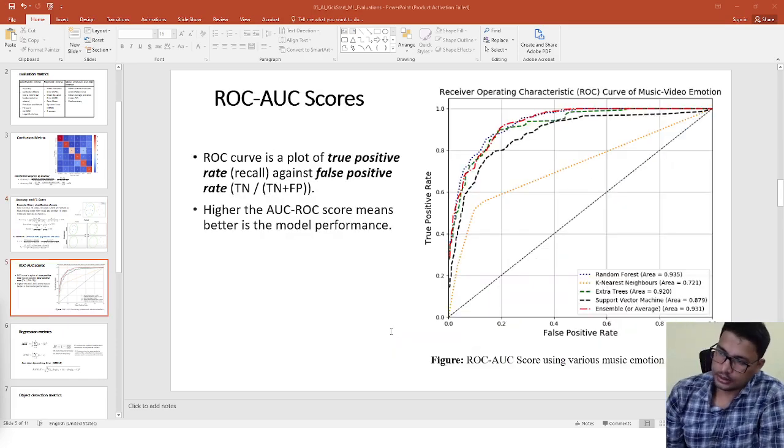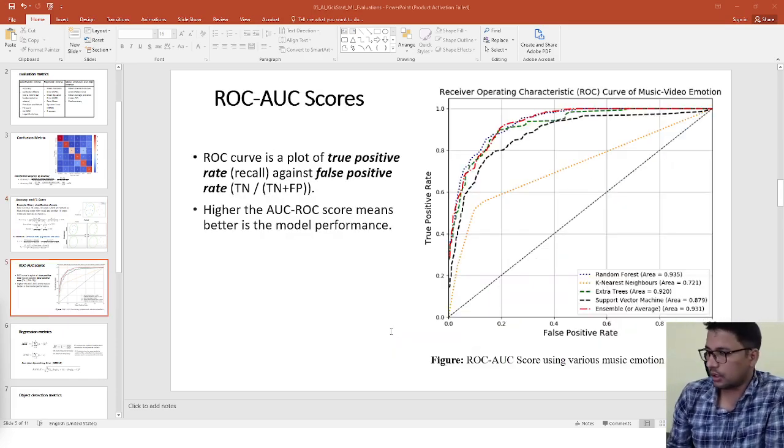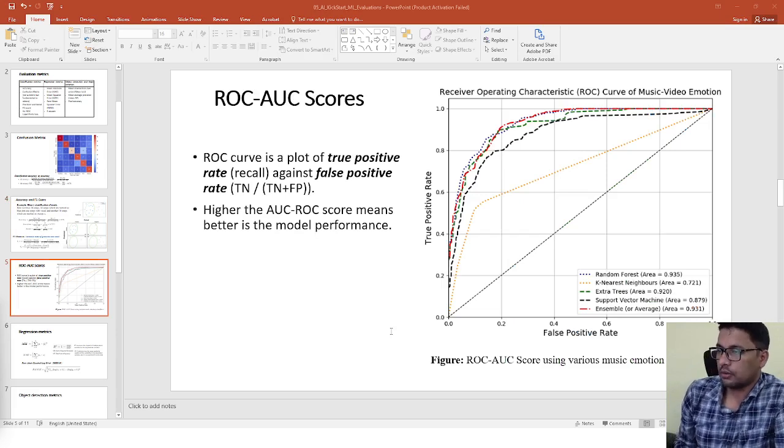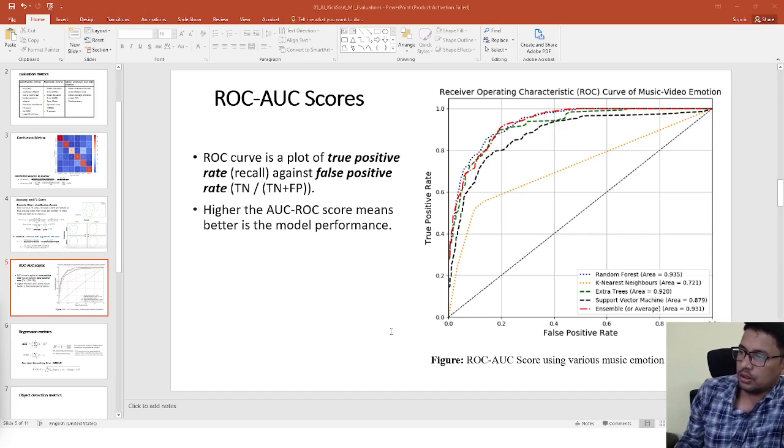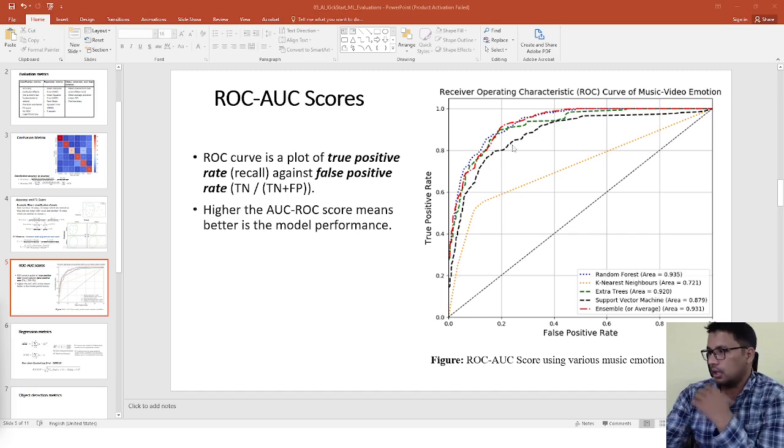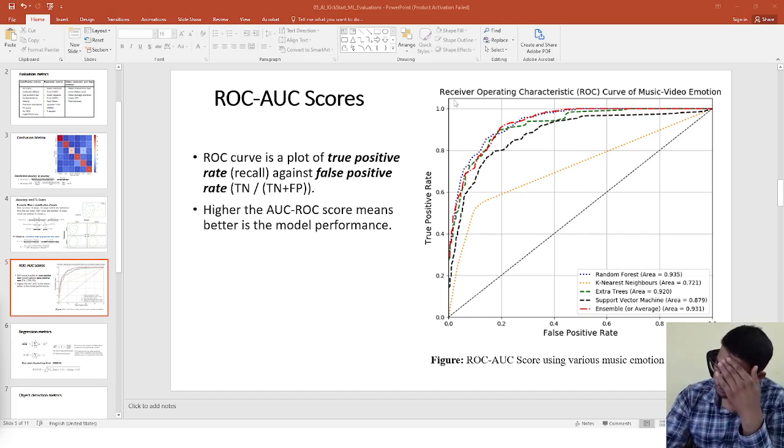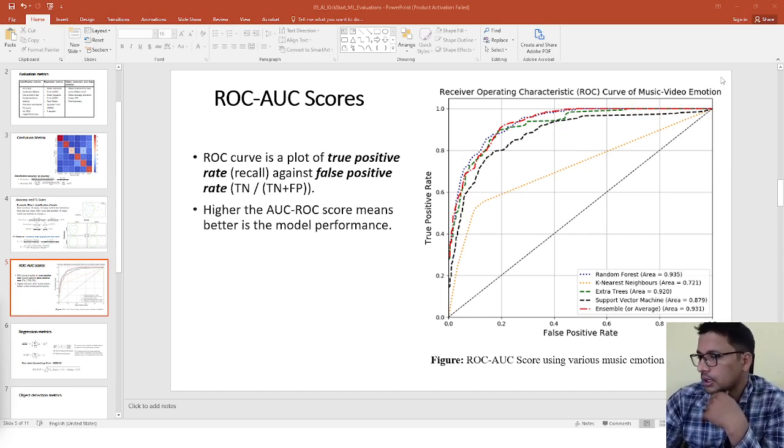Now another metric is the ROC AUC score, and this is a plot of a curve to identify the relationship between the true positive rate and the false positive rate, right? And if the curve covers the whole area, then the AUC score is very high, and we can say the model is performing very well.